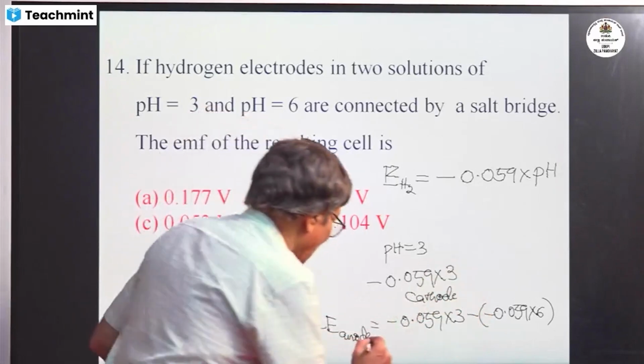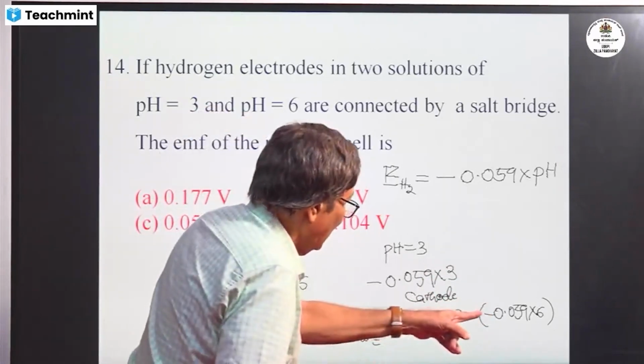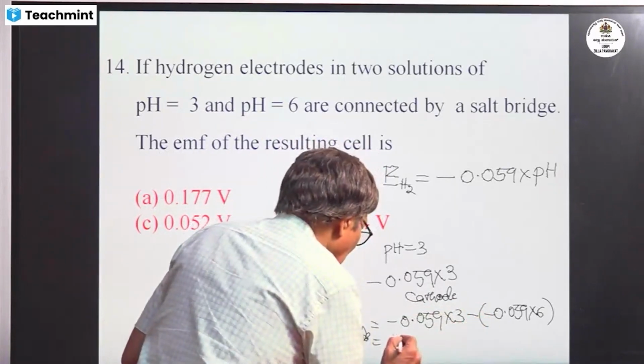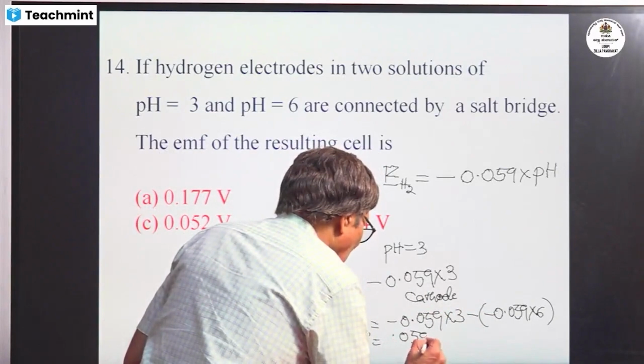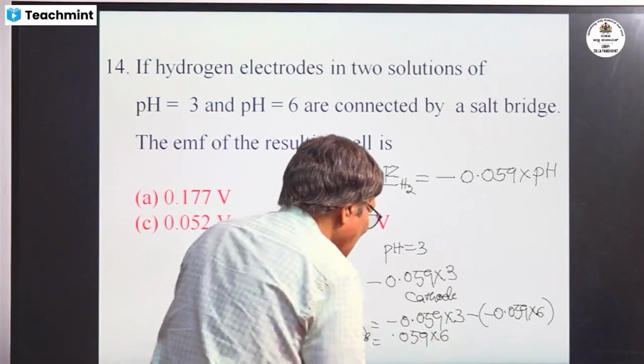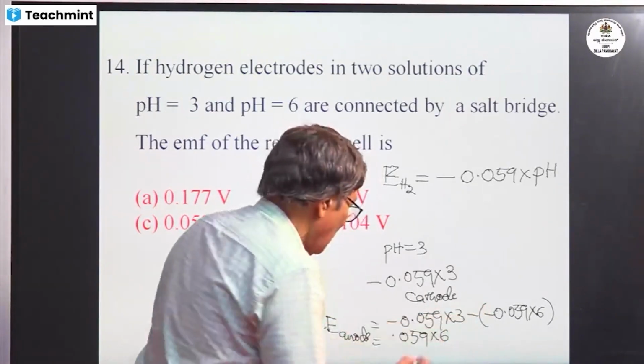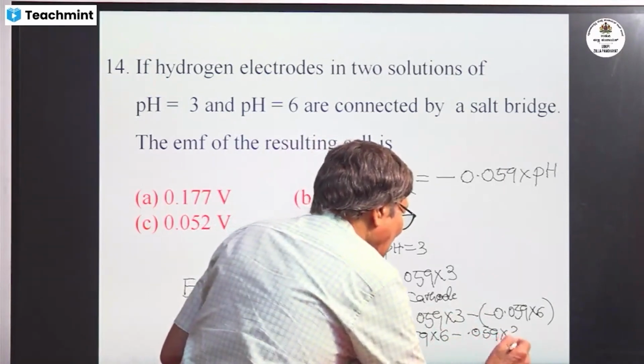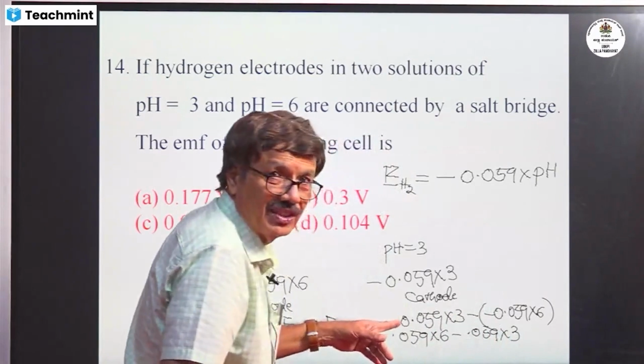So I shall take this first: 0.059 into 6, because minus became plus, minus 0.059 into 3. This minus remained as it was. This became plus.